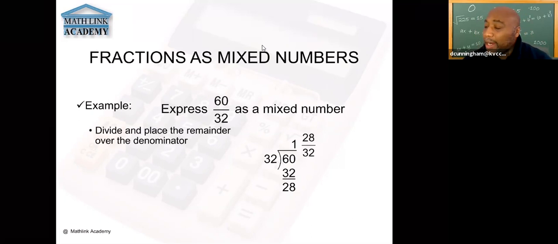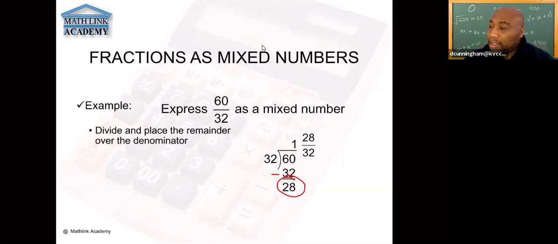And then we subtract. They don't show the subtraction sign, but I'll show you that right here. Here's our subtraction sign. We end up with 28. And so our remainder is 28. Now remember what we did? We put our remainder over our divisor. And so this would be 1, and we look at 28/32.